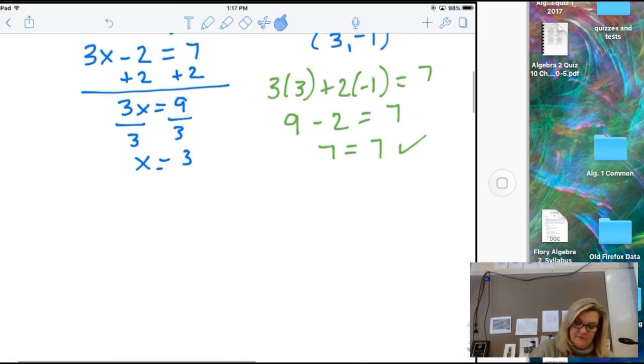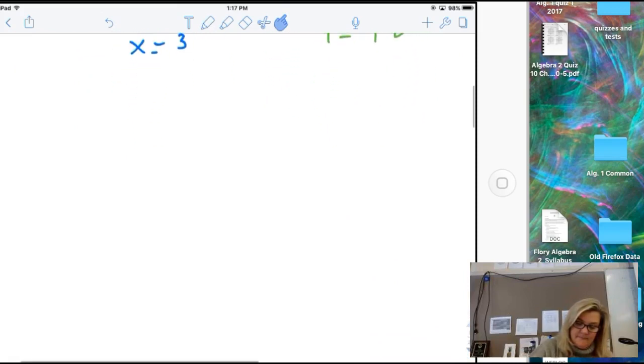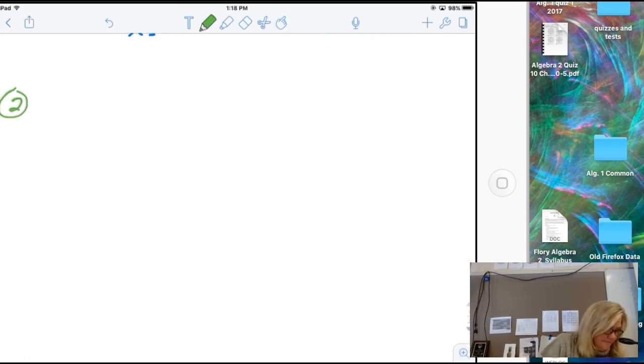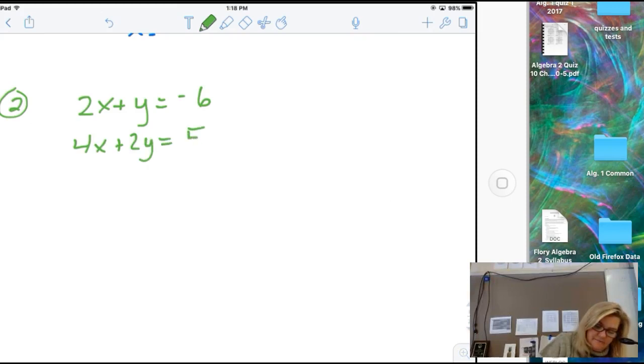Keep with the green for a little bit. And here's our next one. We have 2x plus y equals -6, and I also have 4x plus 2y equals 5.